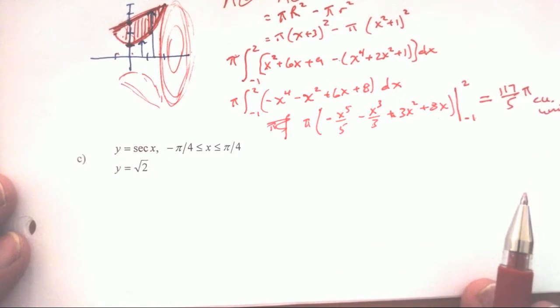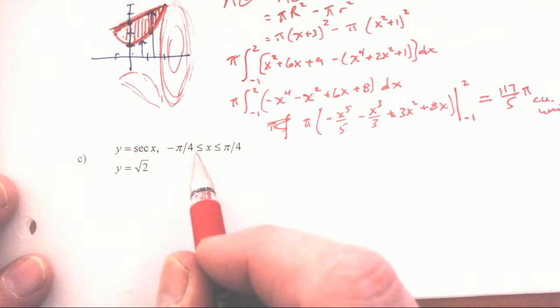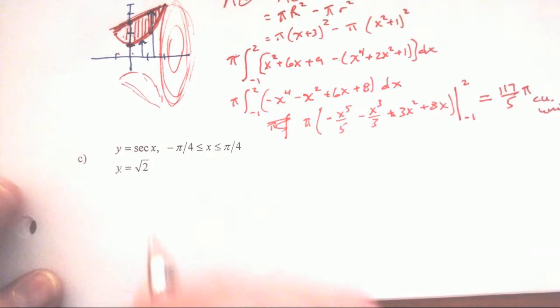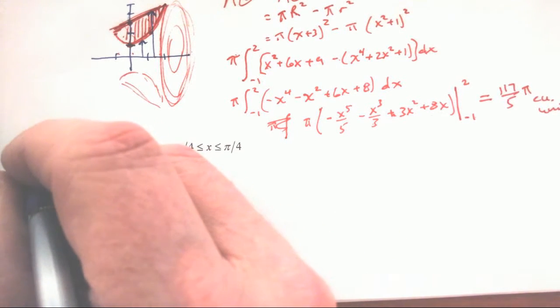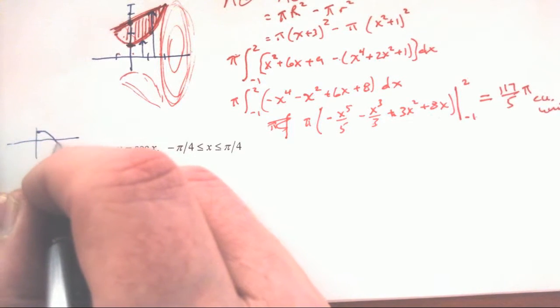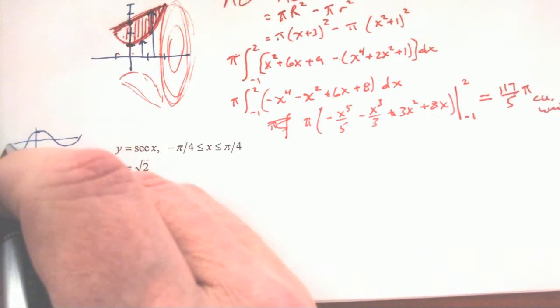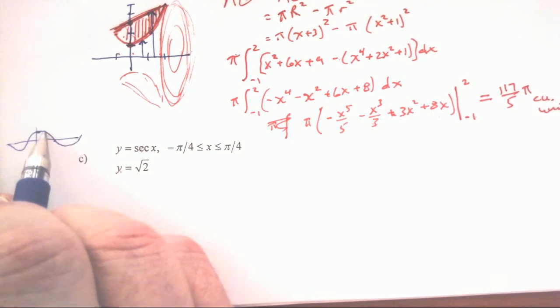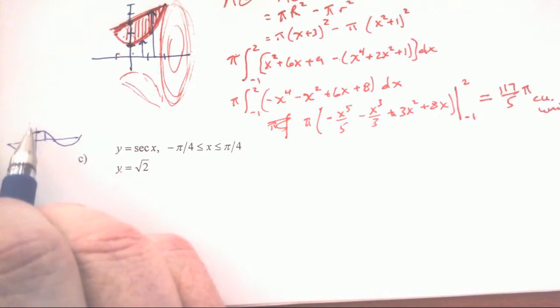We've got secant from -pi on 4 to pi on 4, and we've got the horizontal line, just y equals √2. Well, secant is built off of cosine, so here's my little thought bubble. Cosine looks like this, but this is pi on 2 already, so pi on 4, we're just this part of it, to -pi on 4.